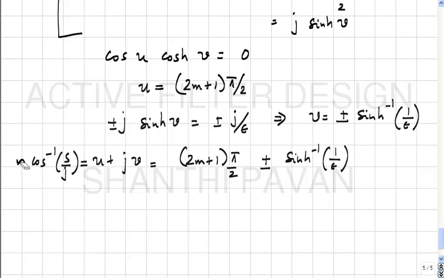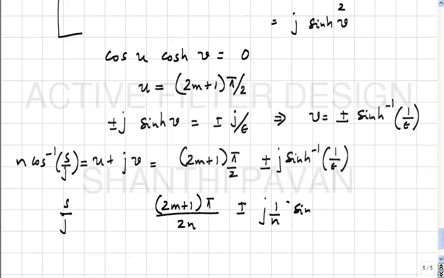So s by j is nothing but 2m plus 1 times pi by 2n, plus minus, sorry, there should be a j, sin hyperbolic, right? Plus minus j times 1 by n sin hyperbolic inverse of 1 by epsilon.